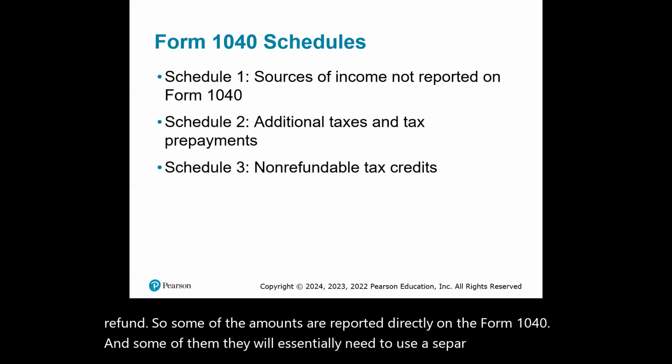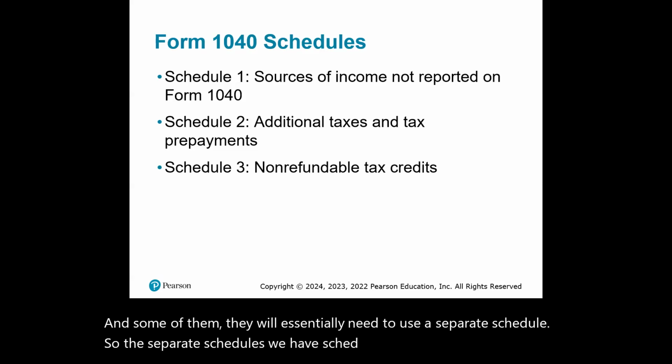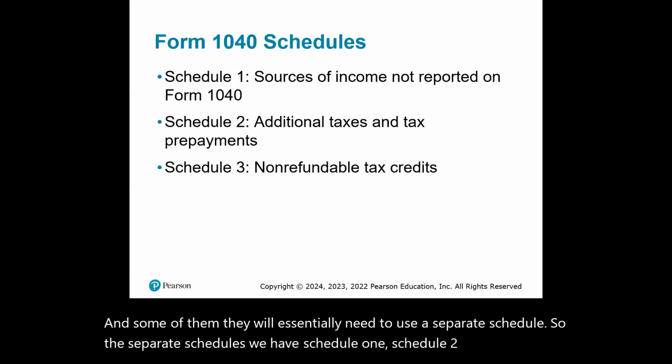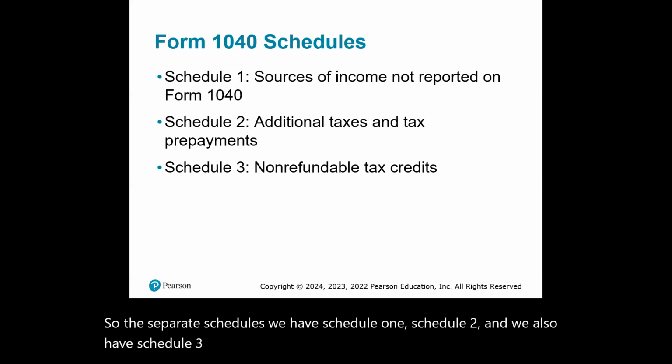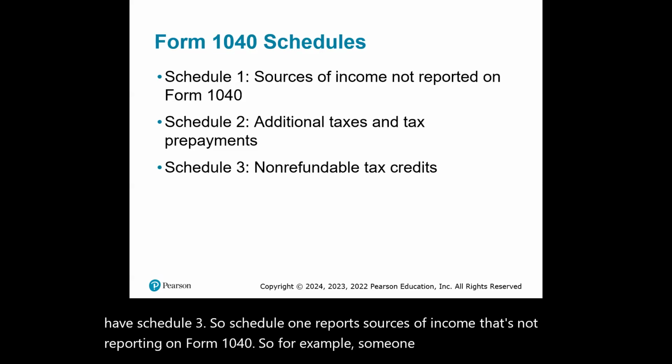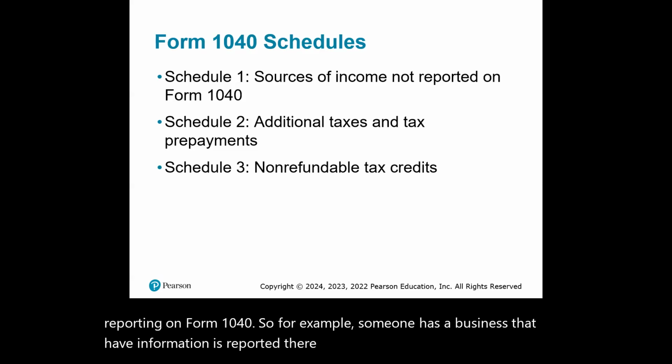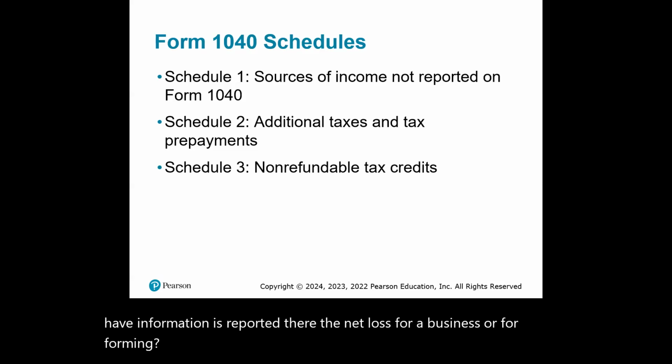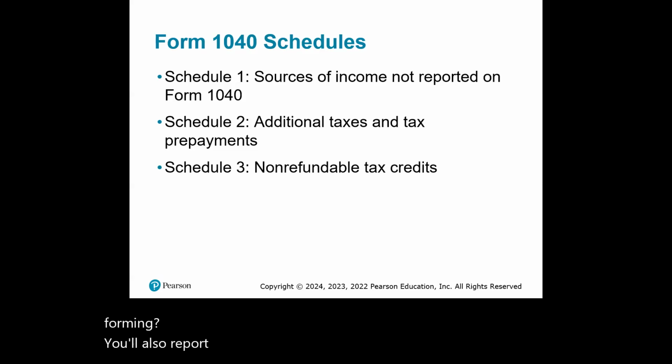The separate schedules are Schedule 1, Schedule 2, and Schedule 3. Schedule 1 reports sources of income that's not reported on Form 1040. For example, if someone has a business, that information is reported there, the net loss for a business or farming. You'll also report any other income, let's say if someone has a rental property, things of that nature.